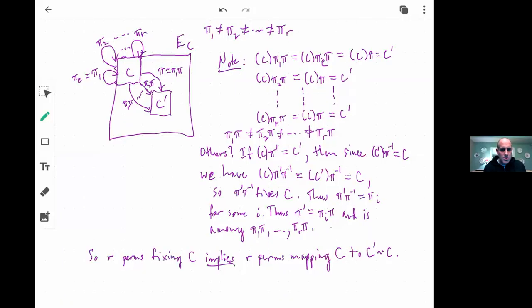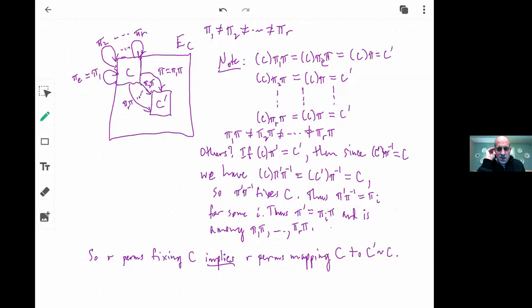Okay, so here's a full-fledged detailed proof of what we want to show here. Now remember, what I said was that we desire to show that if I have exactly R permutations fixing a given coloring, and you give me any other coloring, it could even be the coloring itself, but obviously that's going to have R things mapping C to itself because there were R that fixed it in the first place.